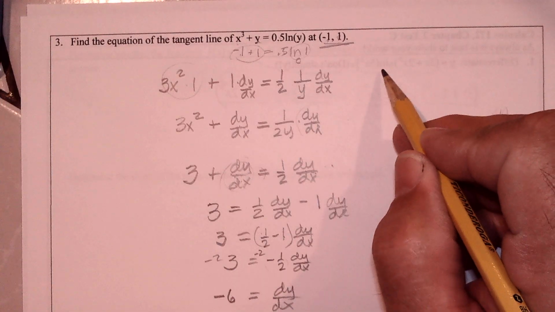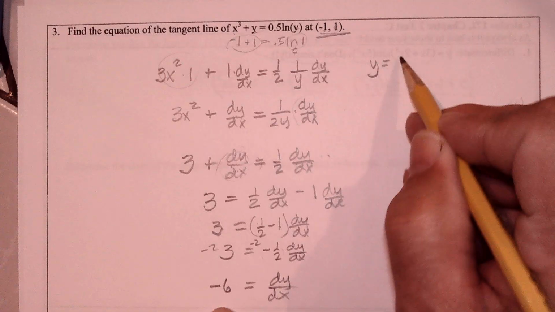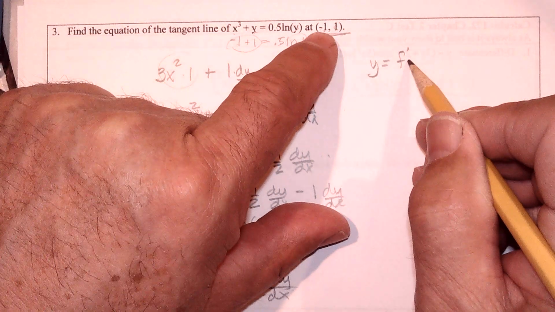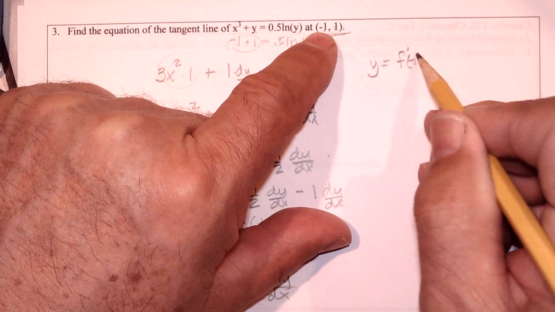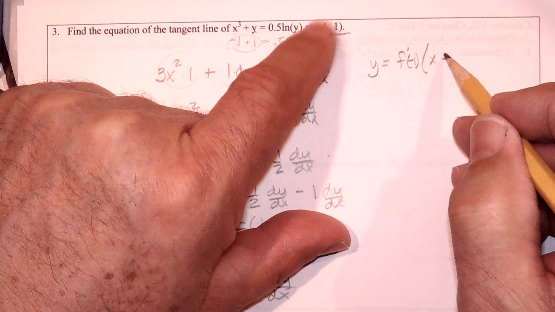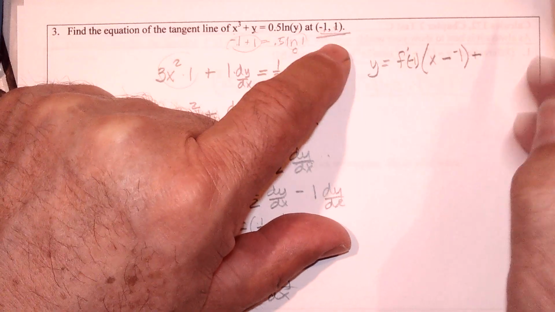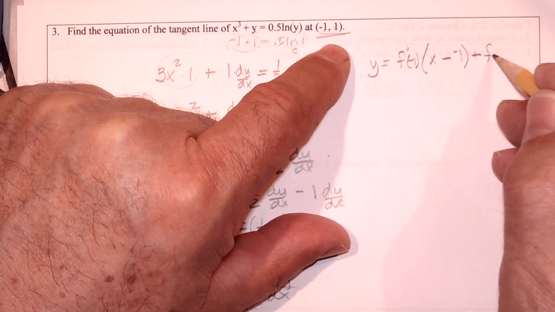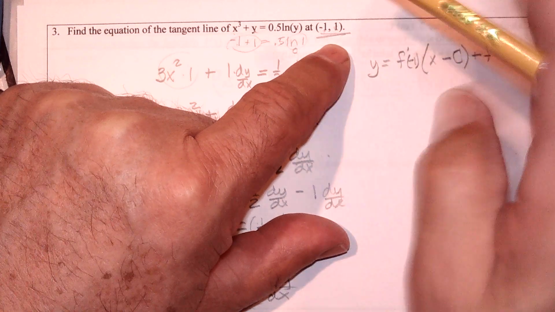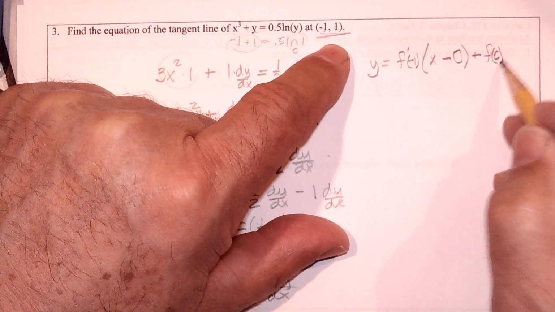And using this form, y equals the slope at wherever we're interested in, which in this case is at minus 1, times x minus where we're looking, minus 1, plus f of where, oh, this is c in the equation, and we're going to put in minus 1 there, and f, the y value at wherever we're looking.